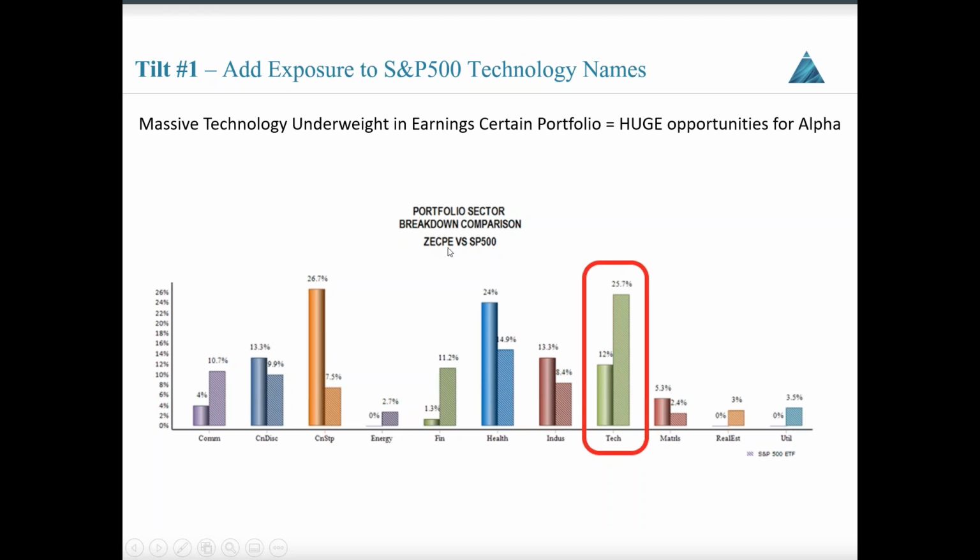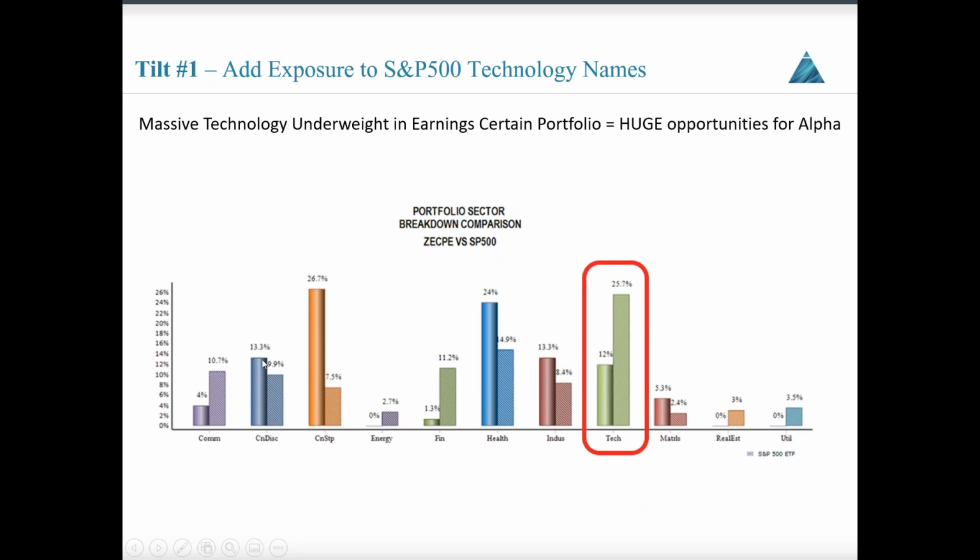The advantage that we have with the Earnings Certain portfolio is not only do we have an overweight in consumer discretionary, a massive overweight in staples, and a massive overweight in healthcare, but we're taking only the cream of the crop names out of each of those sectors. We're not being dragged down with the rest of the garbage names in the S&P 500.